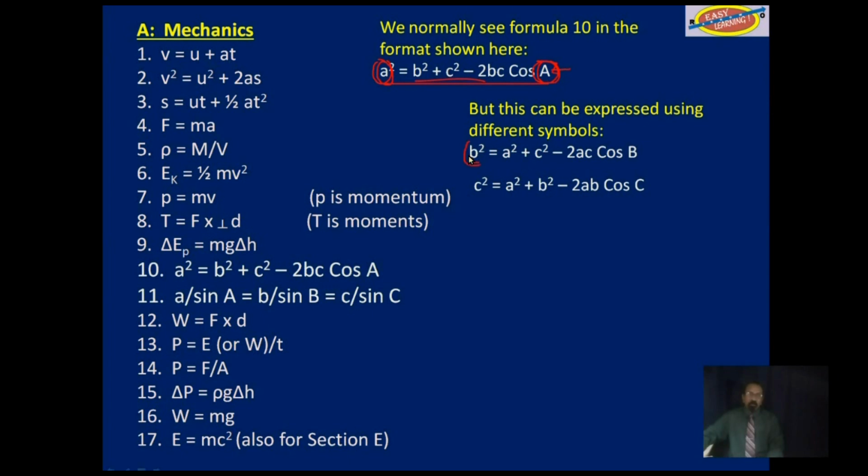Same thing here. You begin with a side B, end up with an angle B here. Begin with a side C, end up with an angle C over here. And the other stuff there would be the other two sides.